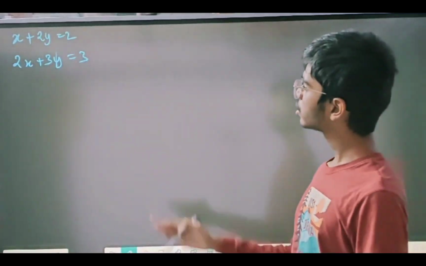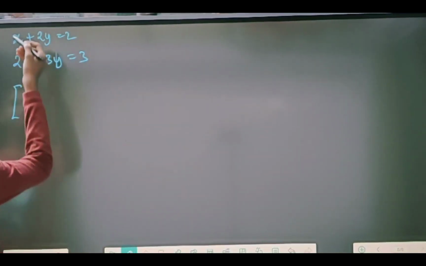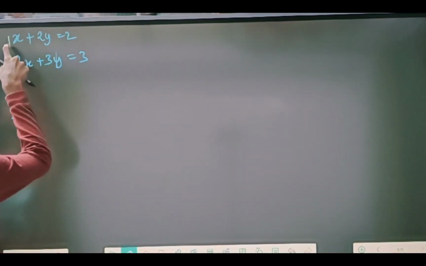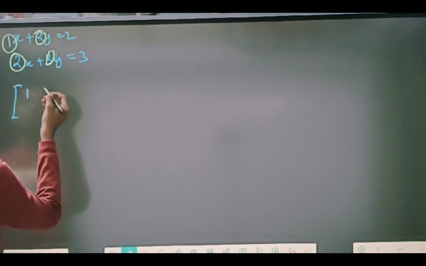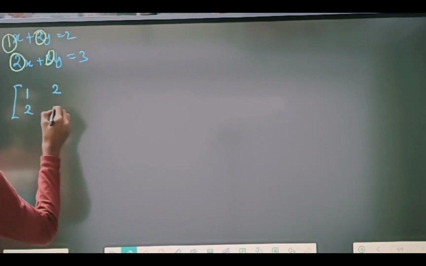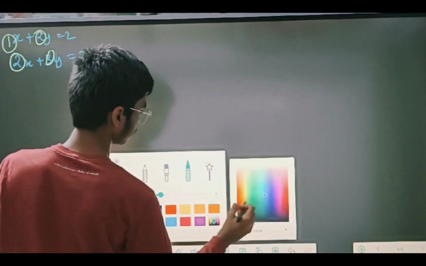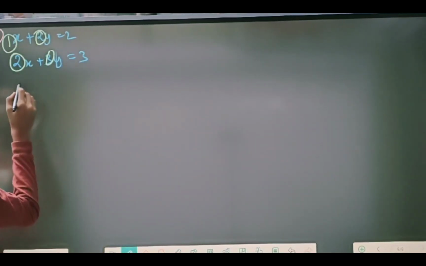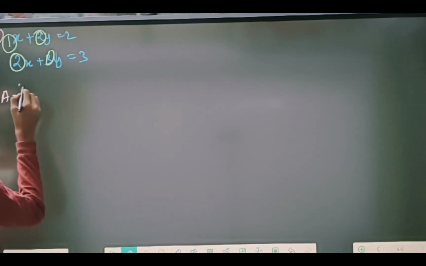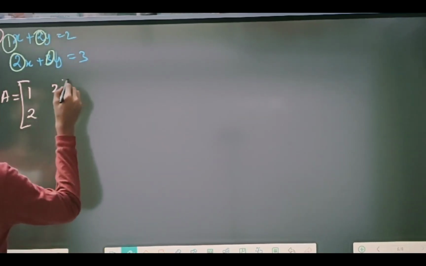Now what we are going to do is create those matrices. First I'm going to take the constants. What are the constants here? 1 is the constant, here 2, here 2, here 3. 1, 2, 2 and 3. This is the A matrix: 1, 2, 2, 3.